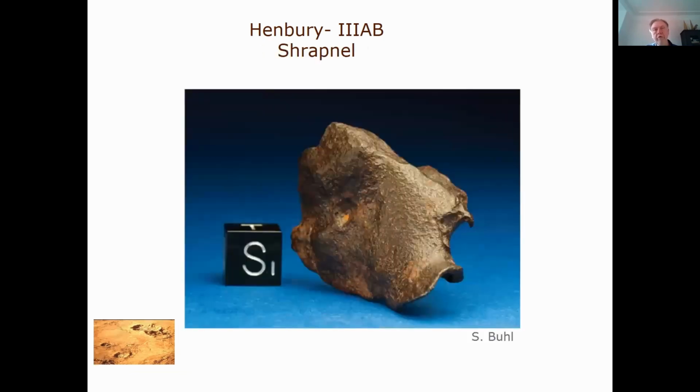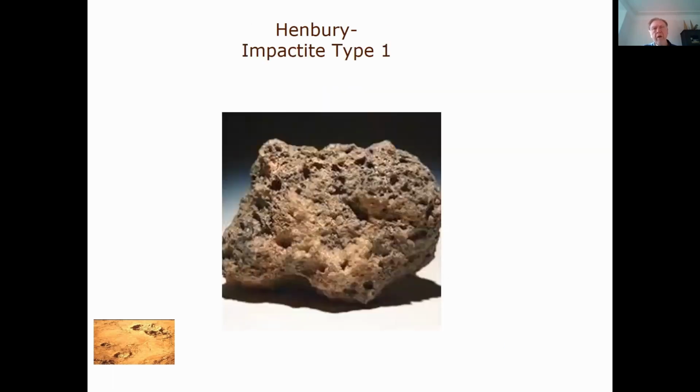And another group of iron pieces are released as a shock wave travels in the meteorite that actually makes craters, and are released in what we refer to as shrapnel, referring to the likeness of exploding pieces of ammunition.